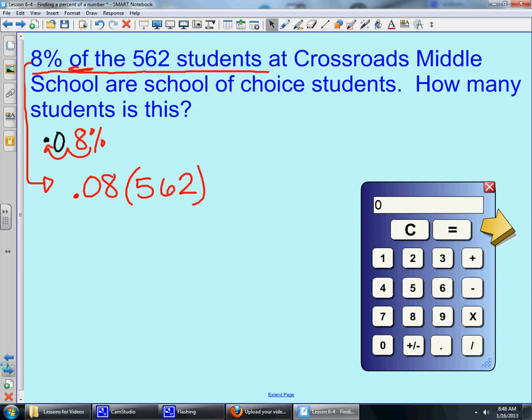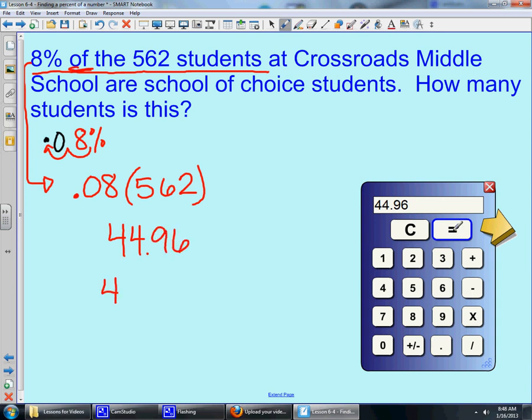So on our calculator, we'll multiply 0.08 times 562. And that equals 44.96.